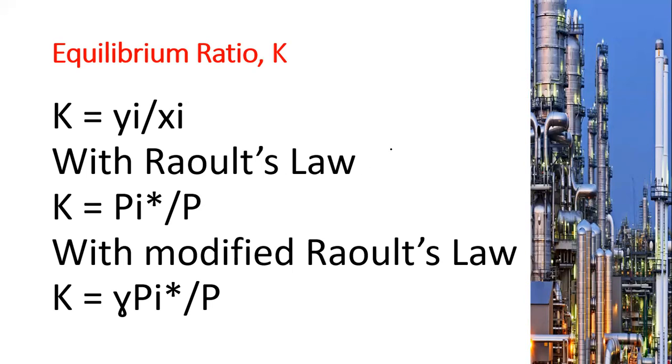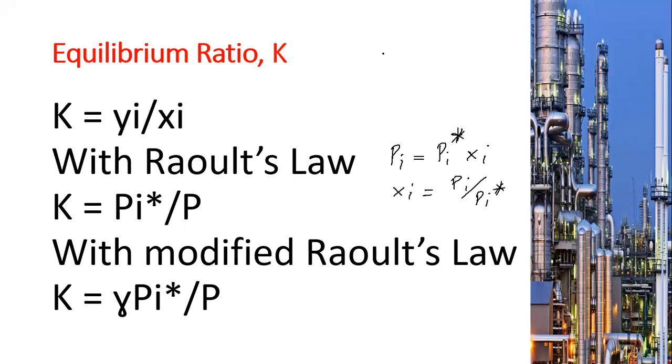Di ba sabi ng Raoult's law, P sub I is equals to P sub I star times X sub I. So, pag in-isolate natin yung X sub I, P sub I divided by P sub I star. Di ba?